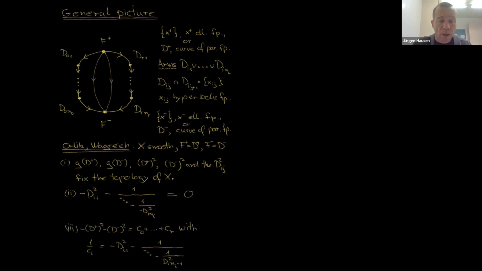Moreover, if I take the self-intersection numbers up to the penultimate of the arm and call this 1 over Ci, then I get a nice identity: minus d plus square minus d minus plus square equals the sum of these numbers Ci. This is a statement in one of the big papers of Orlik and Wagreich.